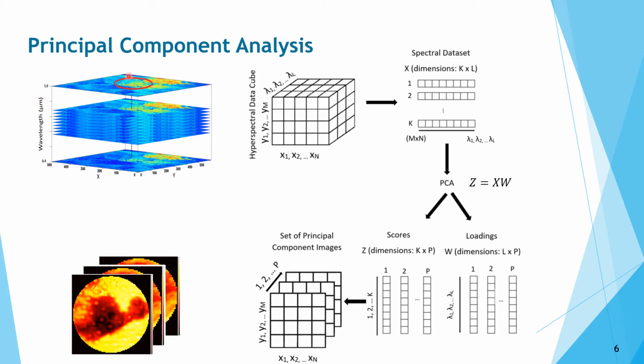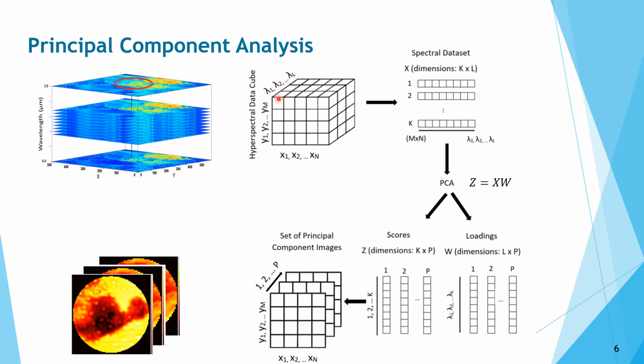Here we have this same representation in cube format. In fact, the data is referred to as a hyperspectral data cube, where X and Y are effectively the spatial pixels, and if we look along this direction, we can extract the spectrum associated with each pixel. So effectively that's how we transformed our data.